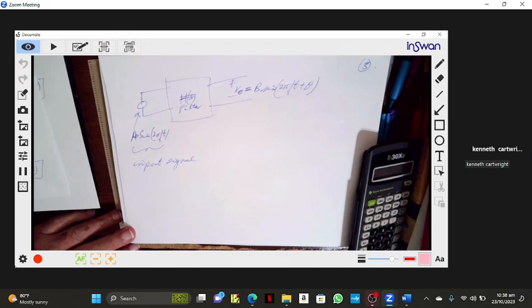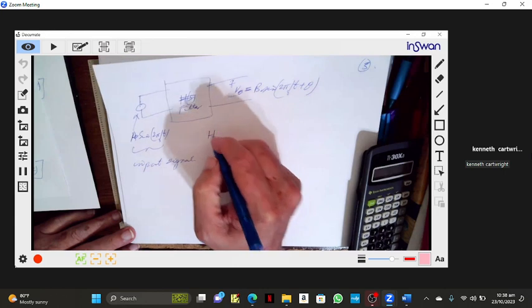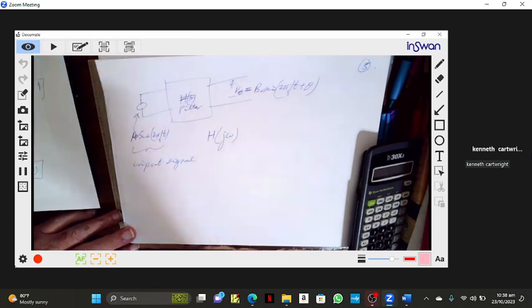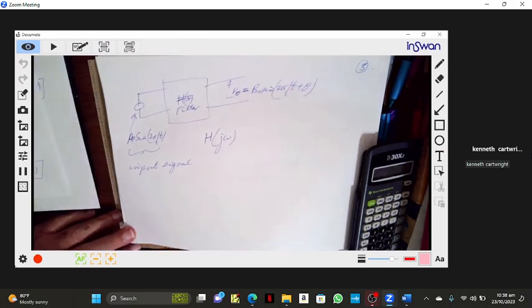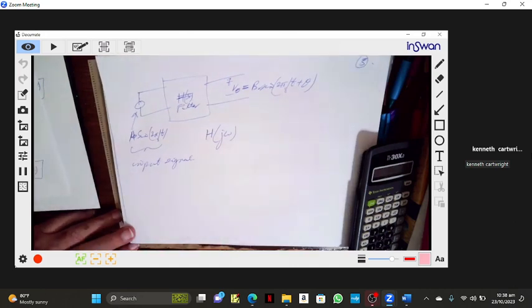So what is H of that frequency? I represent it as H of j omega. What's the frequency response at that frequency? That's VO over V input.